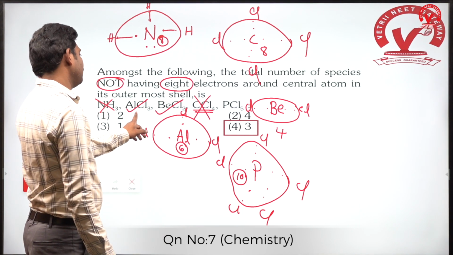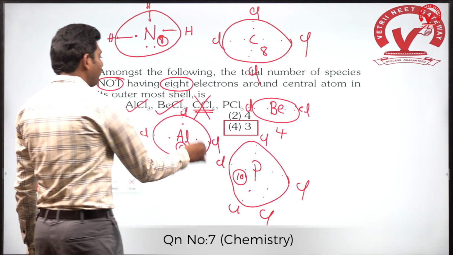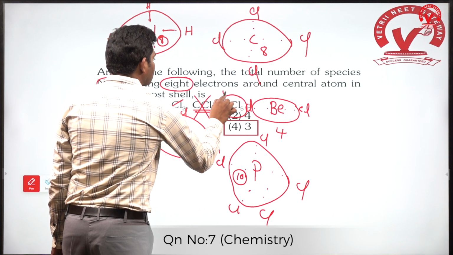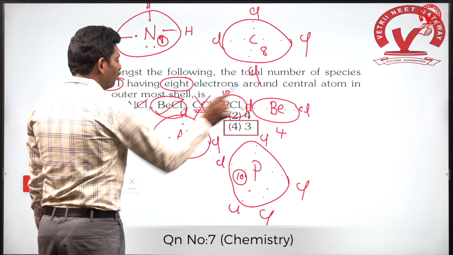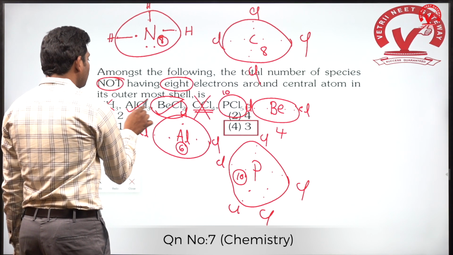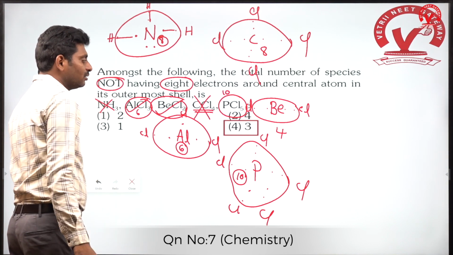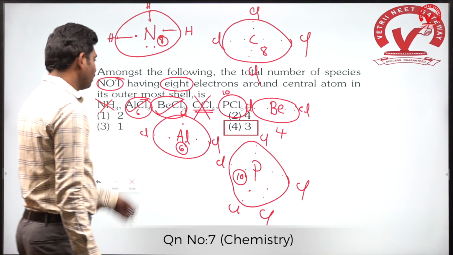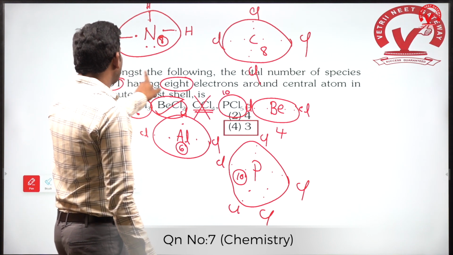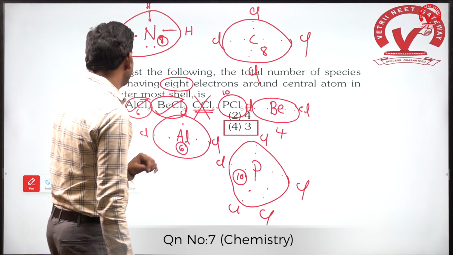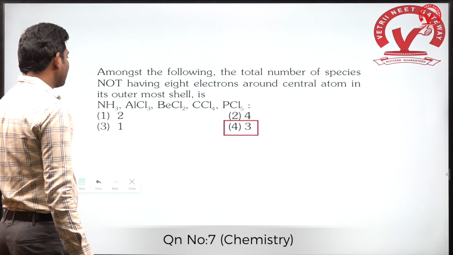Here deficient, here more, hypervalent. So PCl5 has 10 electrons, more than octet, and BCl4 has only 4 electrons, less than octet, and AlCl3 has 6 electrons, also less than octet.